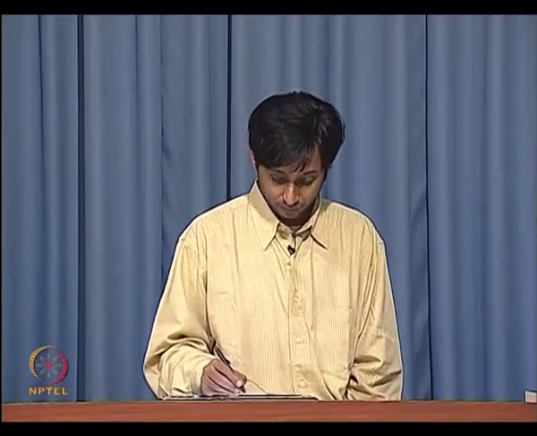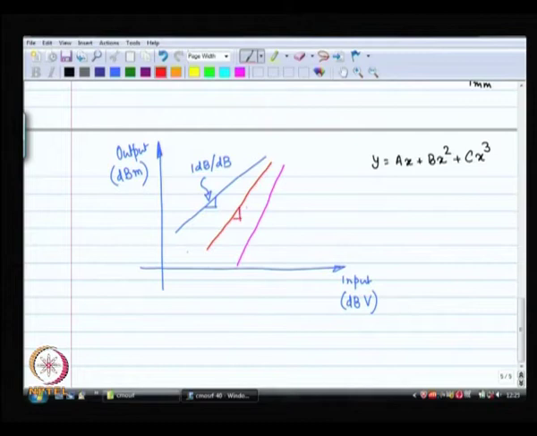Cosine squared theta is cos 2 theta plus dc and 1. So, if x increases by 1 decibel, then x squared is going to increase by 2 decibels, and therefore, the second harmonic is going to increase by 2 decibels.